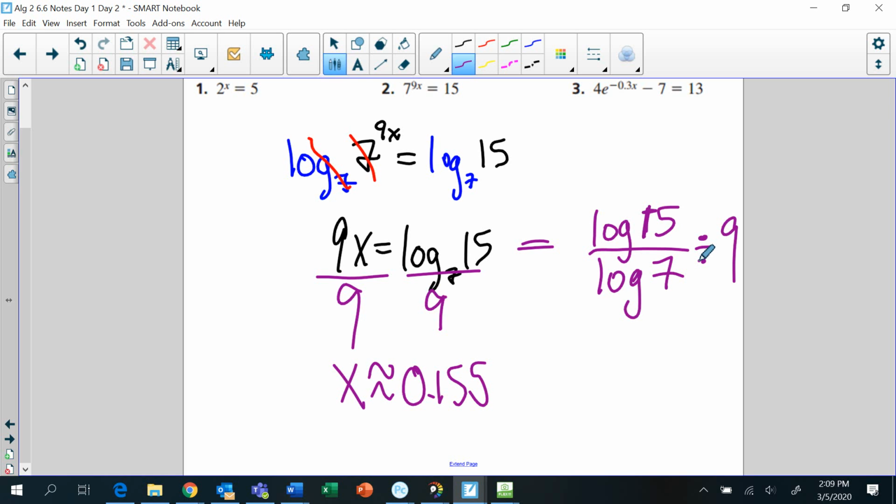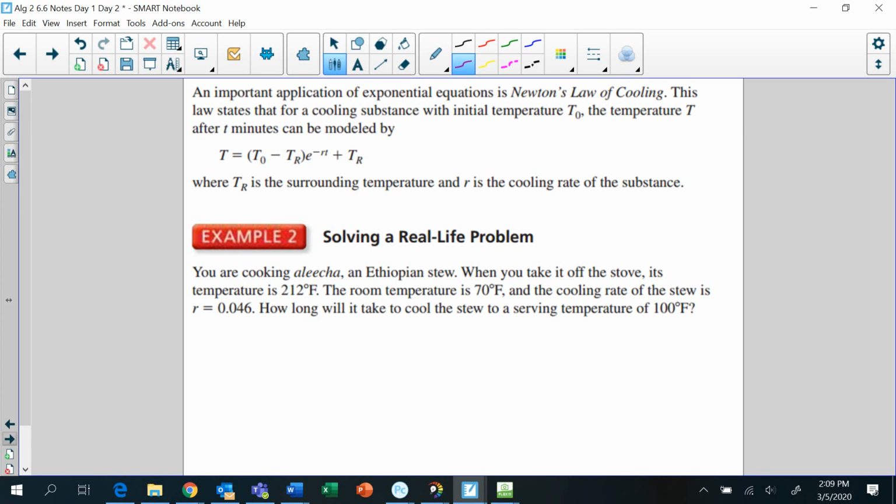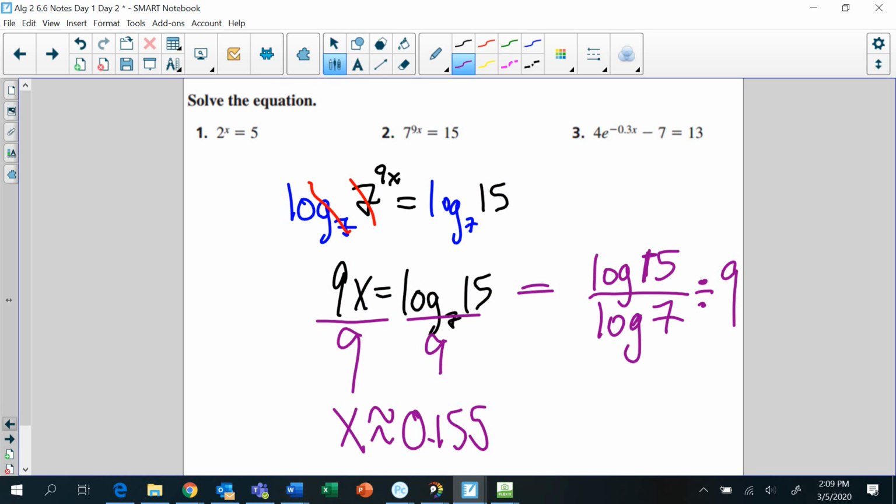Right, because you don't have your calculator. No, we gotta be here for the rest of those notes. Wait, I thought we were doing number 3. Okay, number 3.